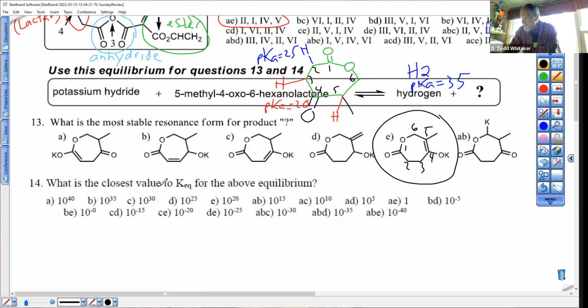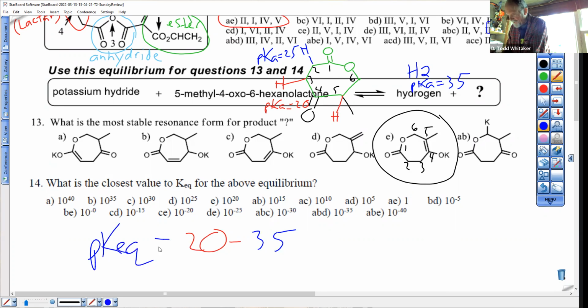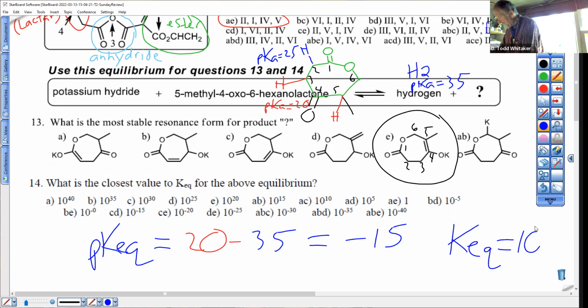And what's closest to pKeq? Well, that's a 20 minus 25, 35 situation. And that's not KEQ, that's pKeq. That's the one we get to first. KEQ equals 10 to the positive 15. Flip the sign. AB.